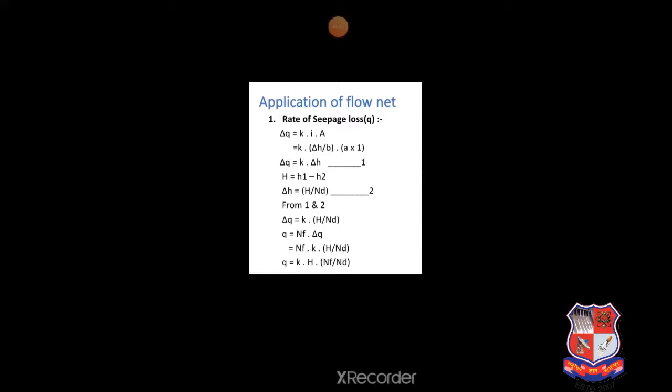Therefore, the total discharge from the flow net will be Q is equal to NF into delta Q, where NF is number of flow channels. That is why Q is equal to NF into K into H upon ND. Q is equal to K into H into NF upon ND, where NF upon ND is the shape factor of the flow net.